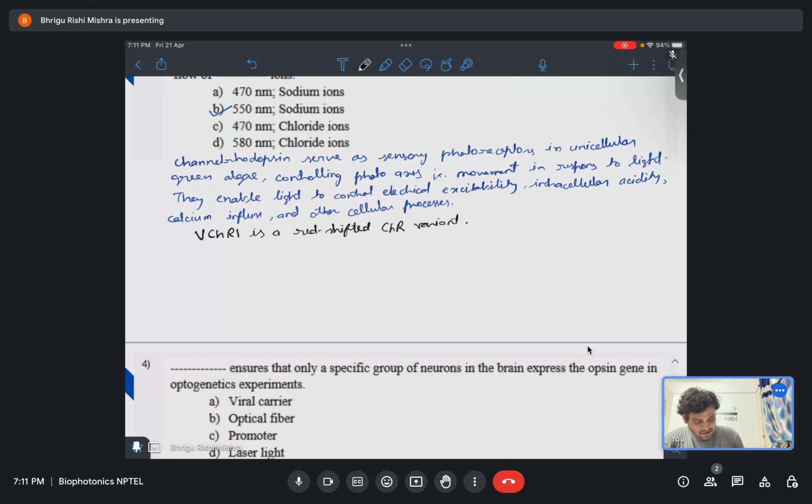VChR1 has different spectral properties compared with ChR1 and ChR2. Usually 555 to 589 nanometers excites the light.